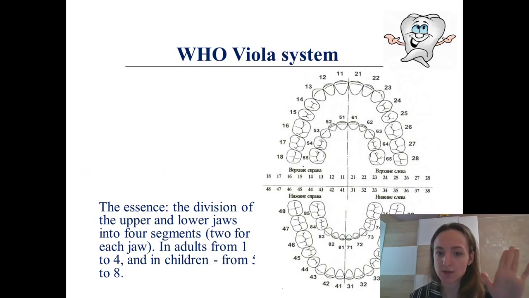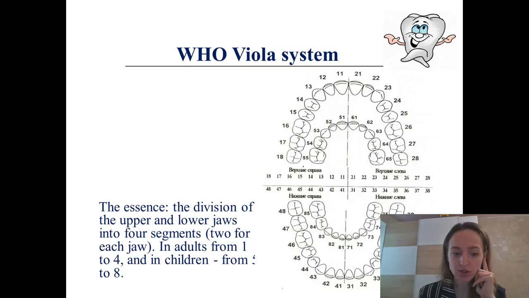The World Health Organization system is very useful in the register card, and this formula also gives us the numerals of teeth. So we have 4 segments, first, second, 3, and 4. And then we have the permanent bite.